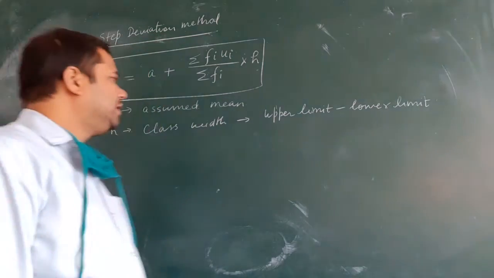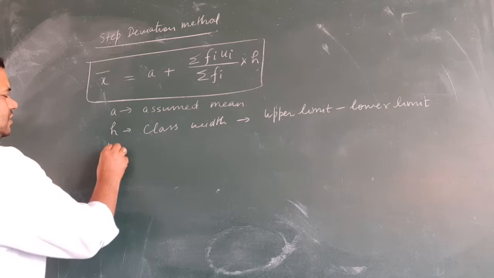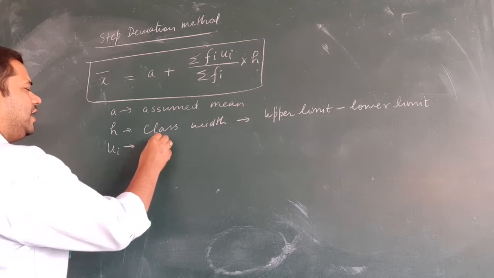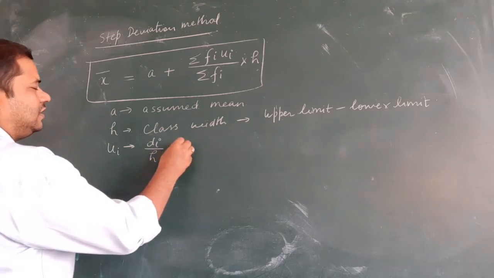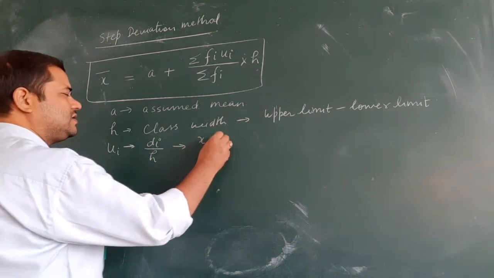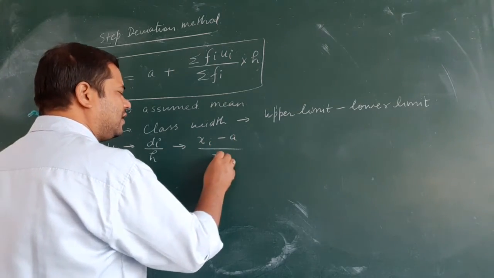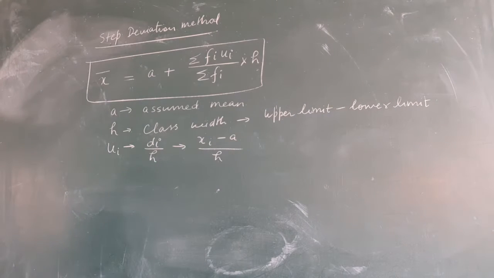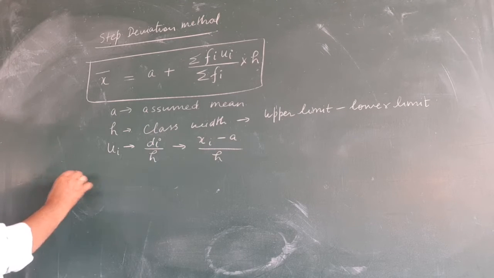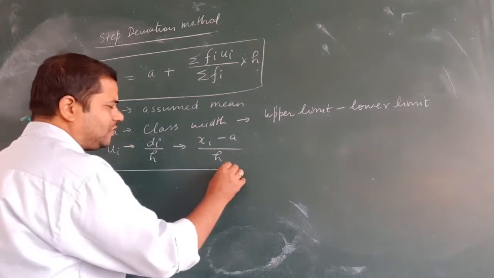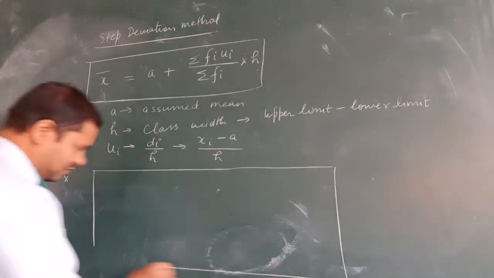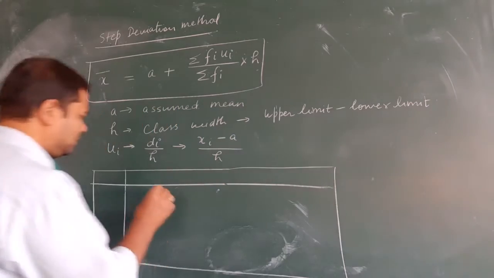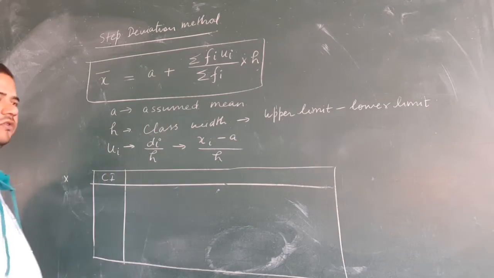Now ui. What is ui? ui is nothing but di upon h. You can say xi minus a upon h. So this is ui. If you find the question, then you have one more table for ui here. CI, class interval, you know very well.